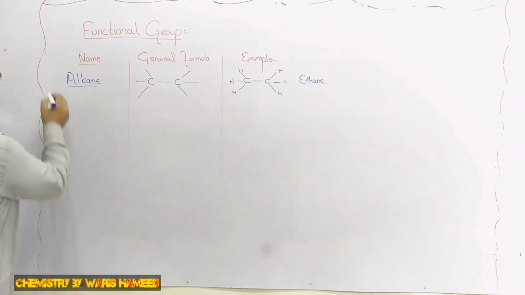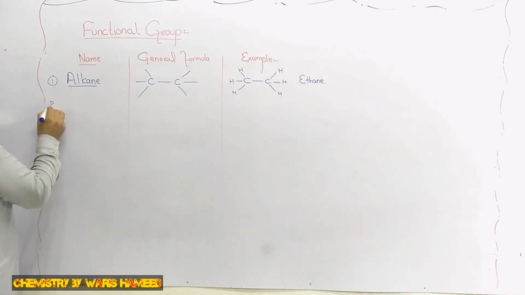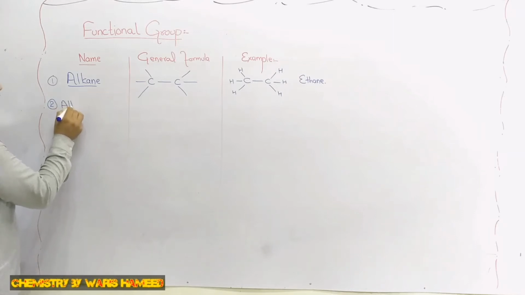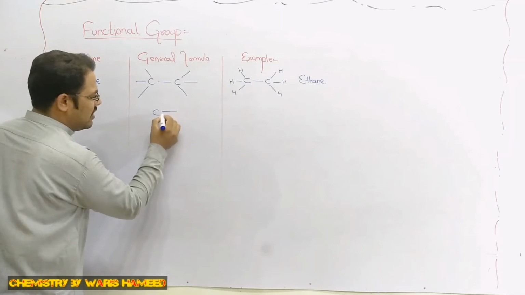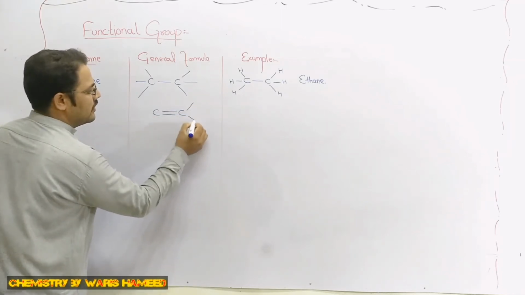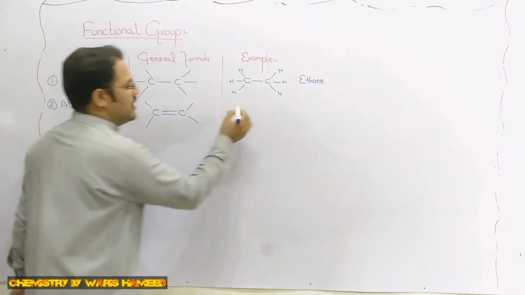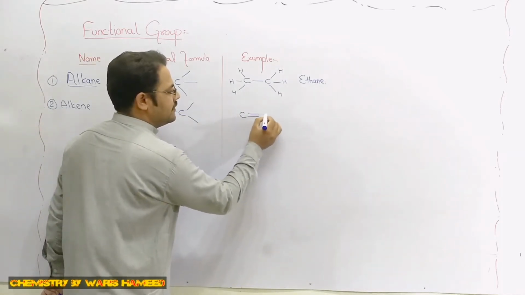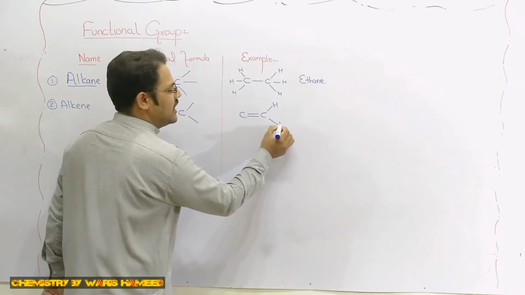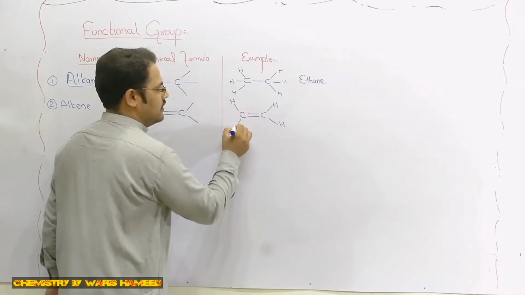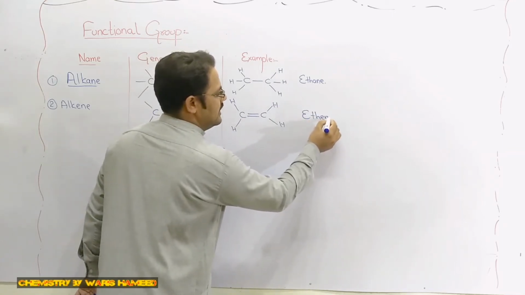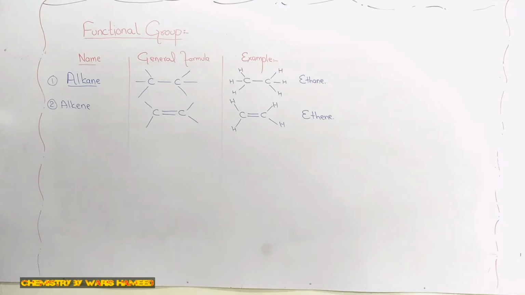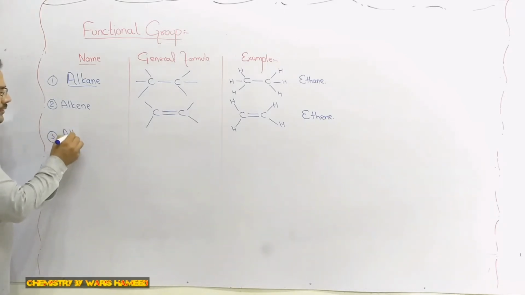Next is alkene. In the case of alkene, there is a double bond between carbon atoms. For example, if I place hydrogen atoms, then it is ethene. The third example is alkyne.